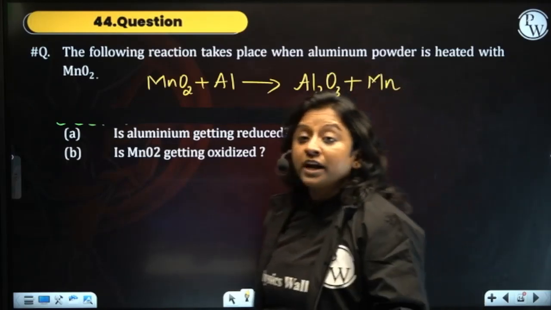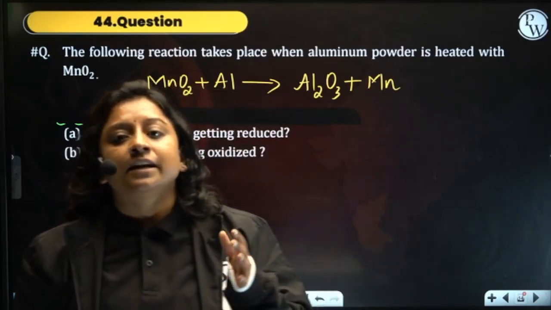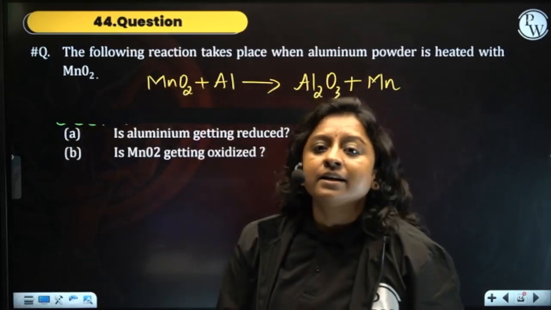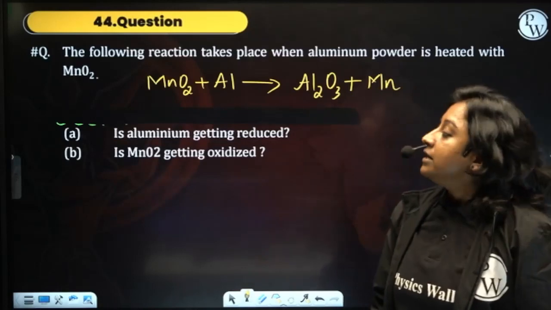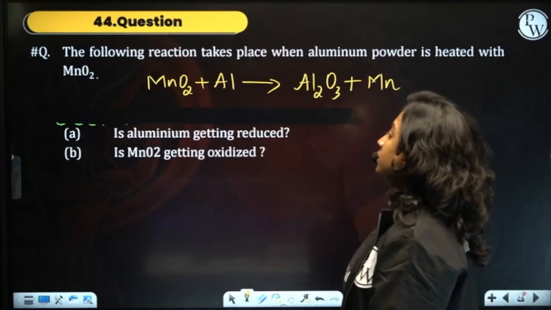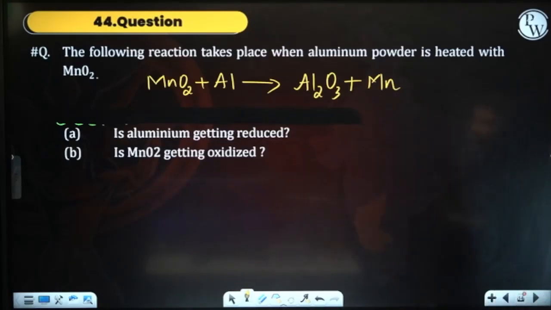So who reduced whom here? Aluminium has reduced manganese from manganese dioxide.